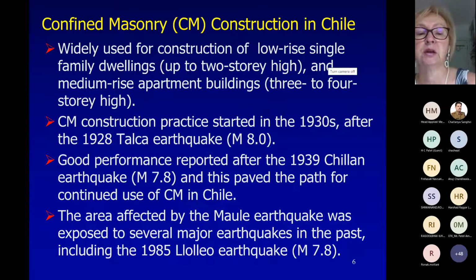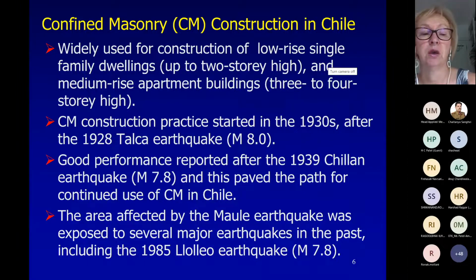There was no other reason, and from the 1940s to almost the 1990s, they did not have any code for confined masonry, but they had some official government-issued guidelines, but it was not a code, it was not mandatory. So only in the 1990s did they have the first code for confined masonry.